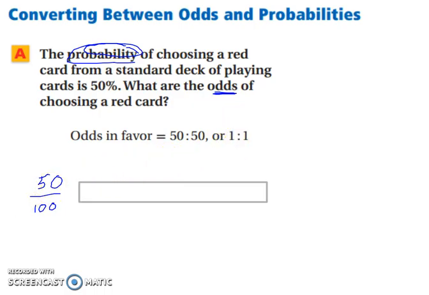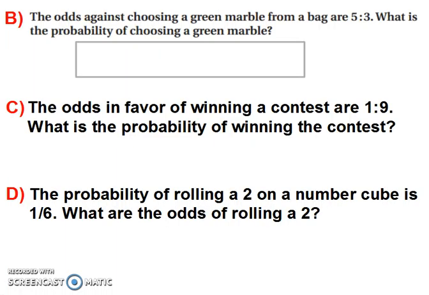Let's try a few more. The odds against choosing a green marble from a bag are 5-to-3. What is the probability of choosing a green marble? Well, what are the number of ways that it can happen? Well, if the odds against, so this first word here, we got the against. Because they say against, that means the 5 represents not.